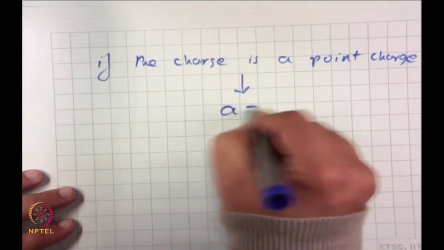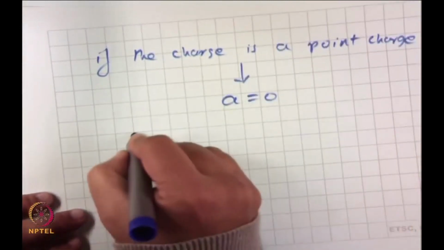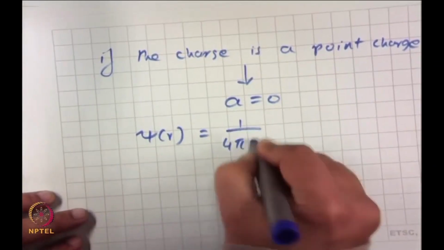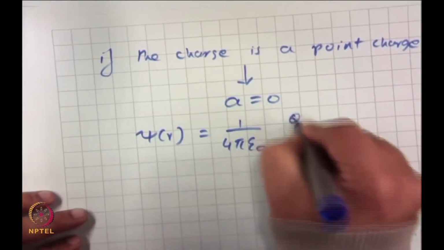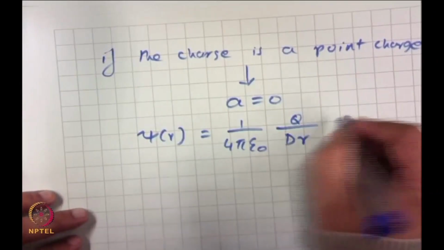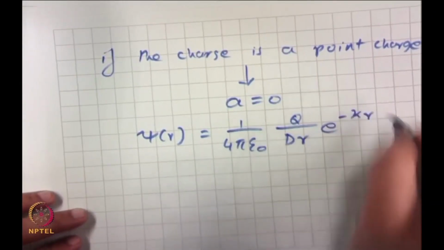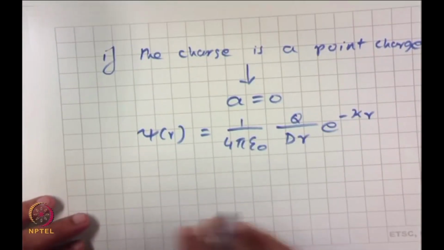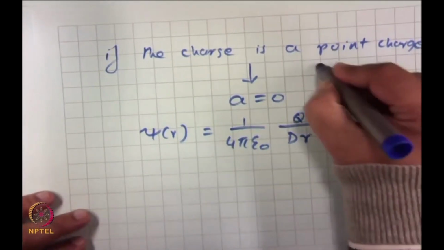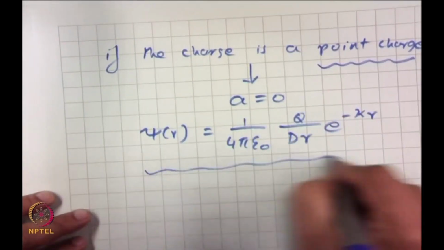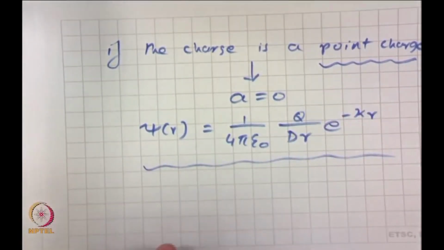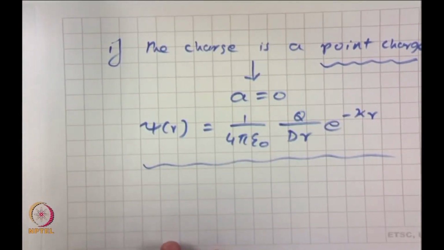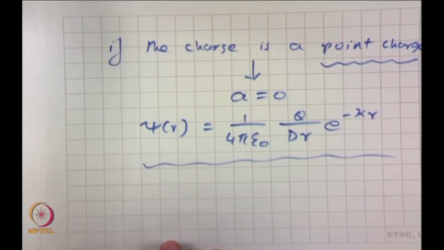So that means a is equal to 0, and then psi of r is equal to 1 by 4 pi epsilon 0 q by d times r, e to the power minus kappa r, right, because a is 0 now. So, this is for a point charge. The one we wrote down before was a very general solution, and now you are being specific, that is you are saying that a essentially tends to 0.